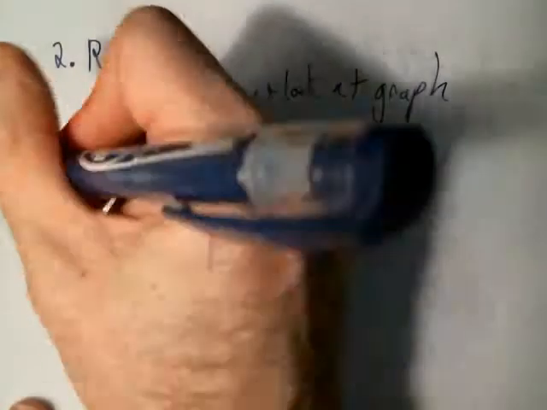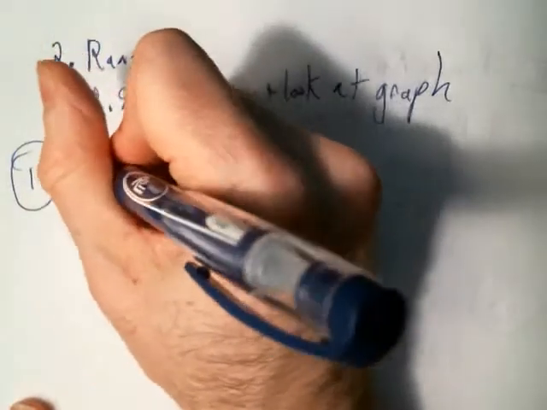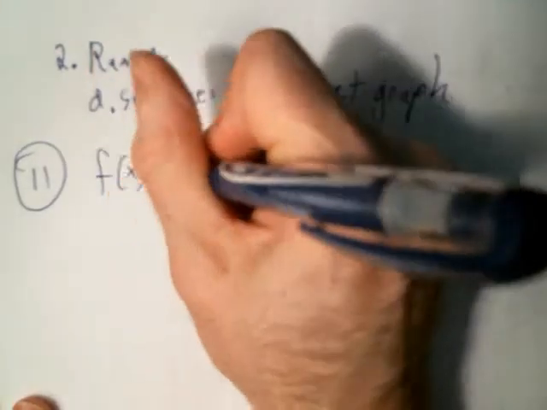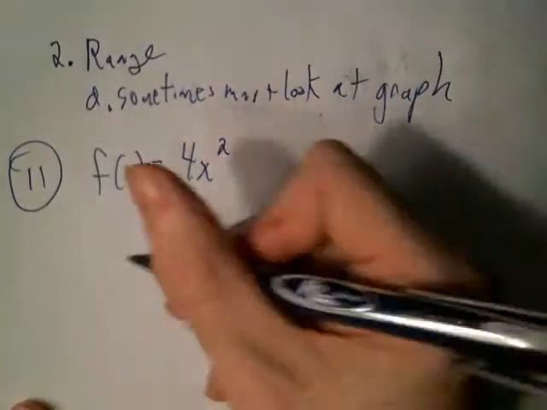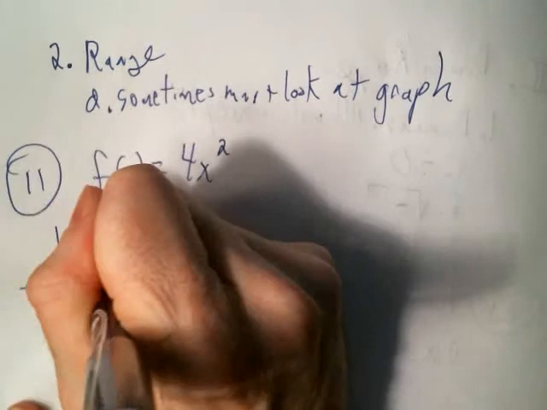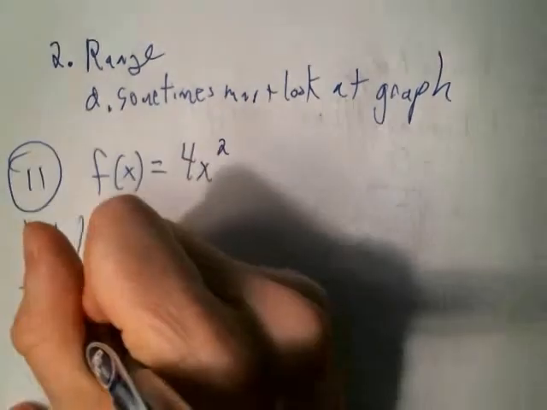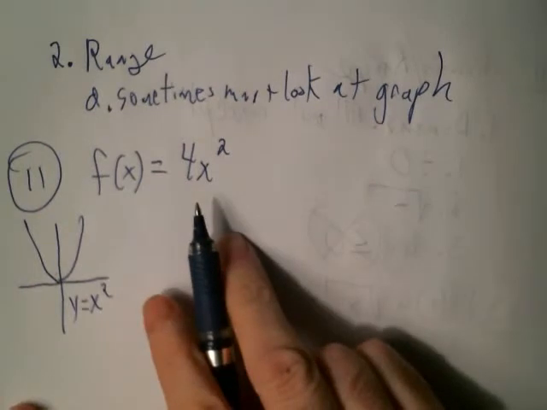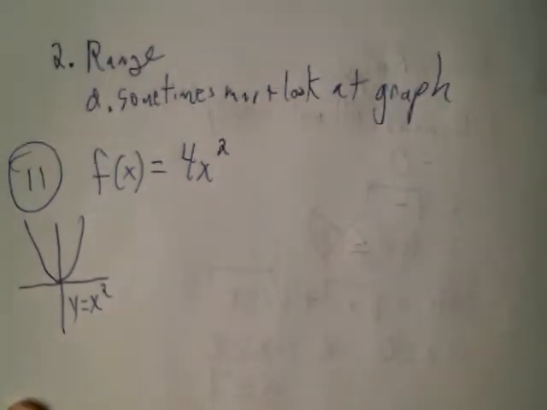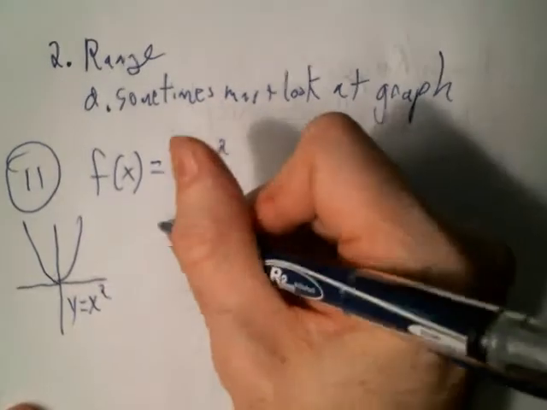So for example, number 11, I would expect you to be able to kind of finagle this on your own. F of x is 4x squared. So what is this thing right here? Well, the parent graph is the parabola just y equals x squared. Okay? And then if you multiply it by 4, it's going to just stretch it vertically.